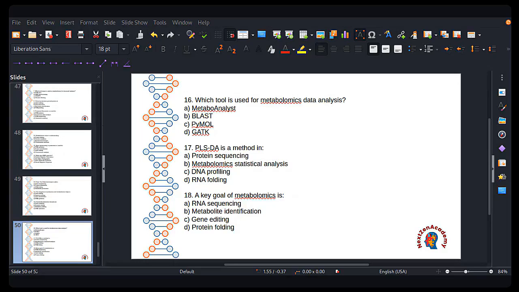Okay. It's a method in metabolomics statistical analysis. Answer of the 17th question is B. A key goal of metabolomics is metabolite identification. Answer for the 18th question is B.